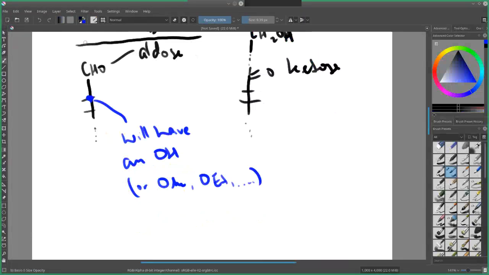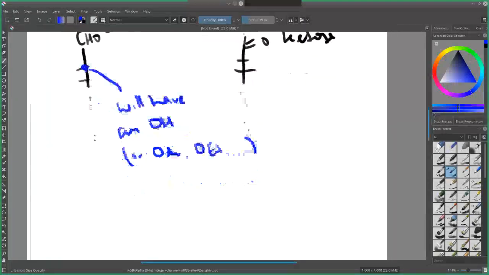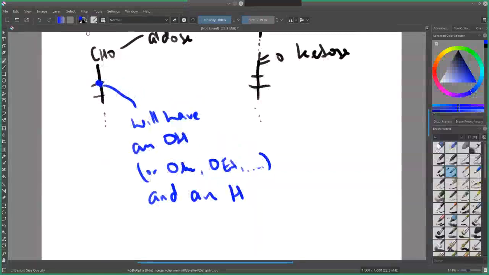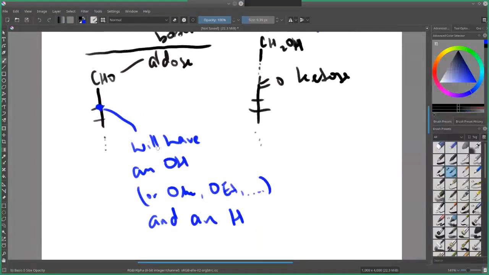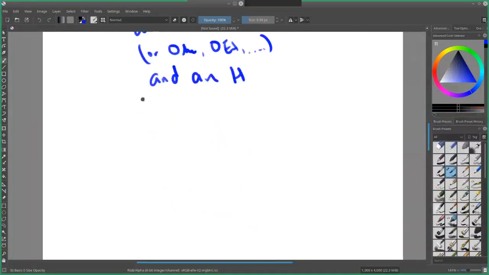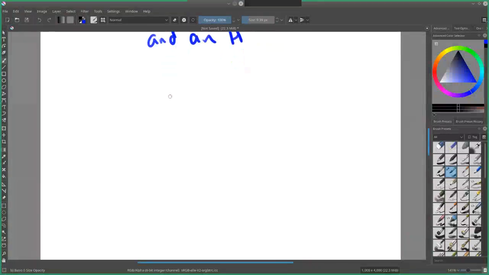And also a hydrogen. Okay. So, all right, let's draw an actual example. Okay. And I will pick this is the most relevant example that there is.